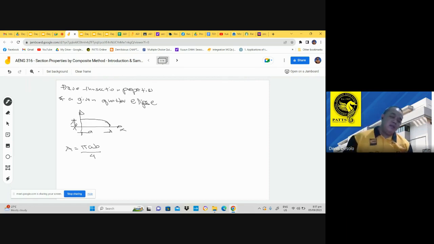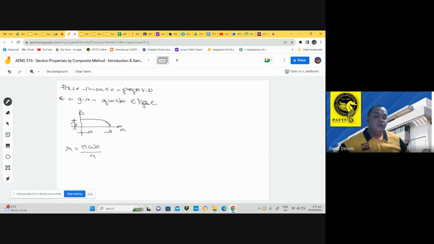In this case, the major length is longer than the minor length. I mean the semi. So the semi-major length is one half of the major length, and the semi-minor length is one half of the minor length. You will see that the semi-major length is always greater than the semi-minor length.